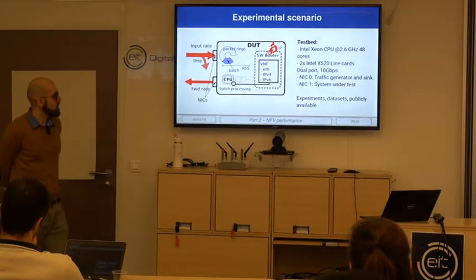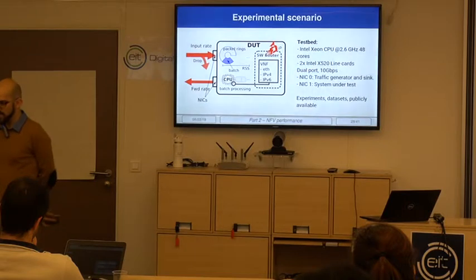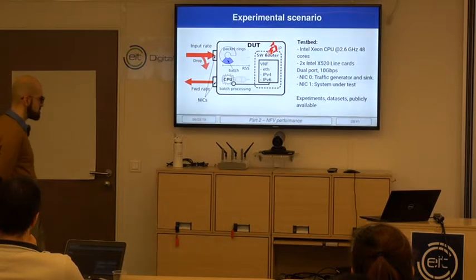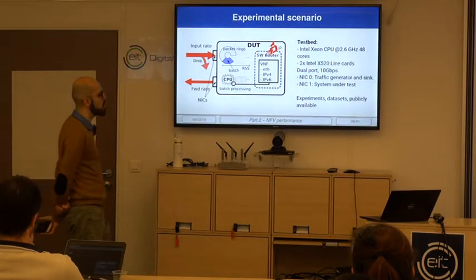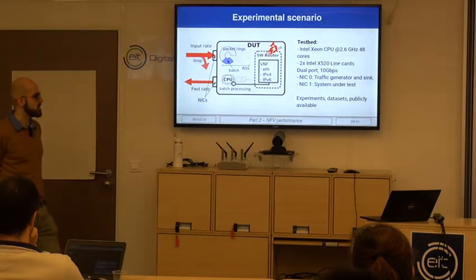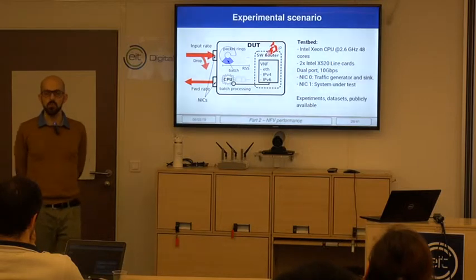First of all, I will discuss some measurements that we took in our experimental testbed here at Telecom ParisTech. And then I will focus on the modeling of exactly this scenario. First of all, we consider a device under test, that is our software router.